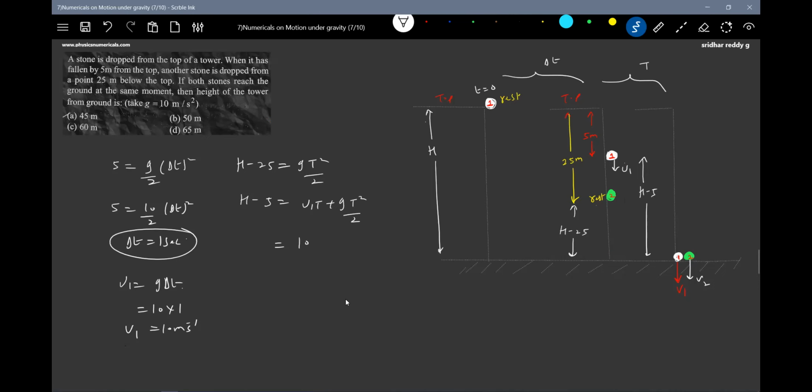U1 we know as 10, so 10 T plus 10 by 2 T square. This will be 10 T plus 5 T square. After solving, 5 T square. We don't know that T also.